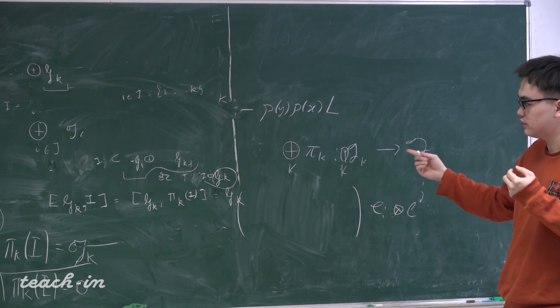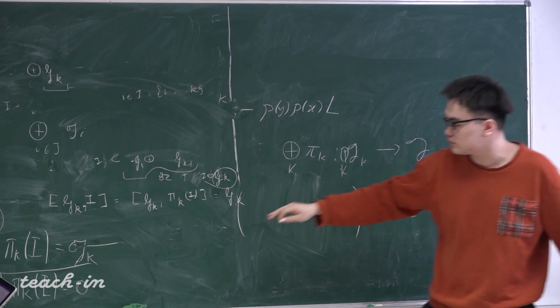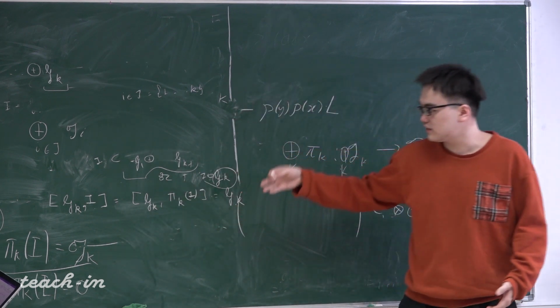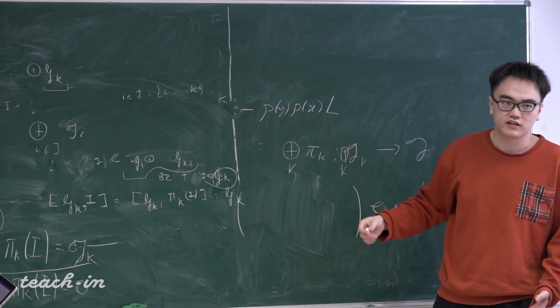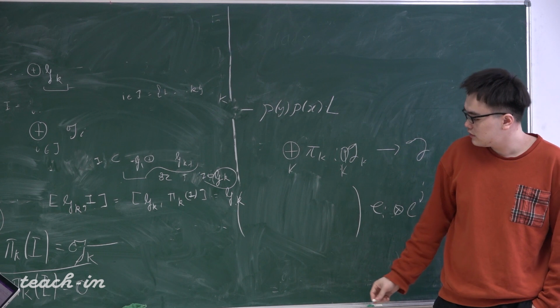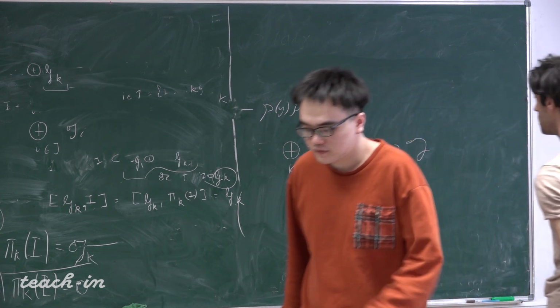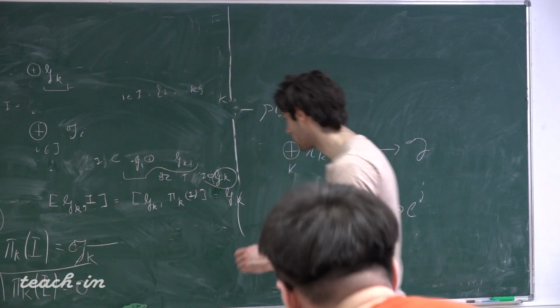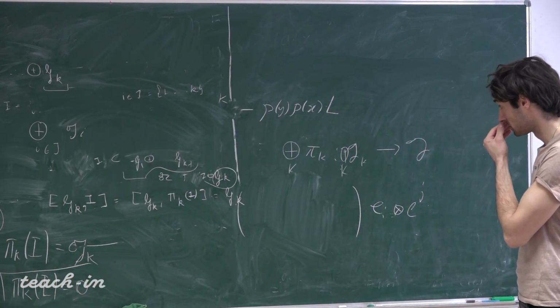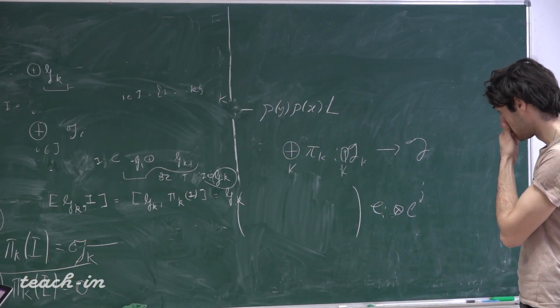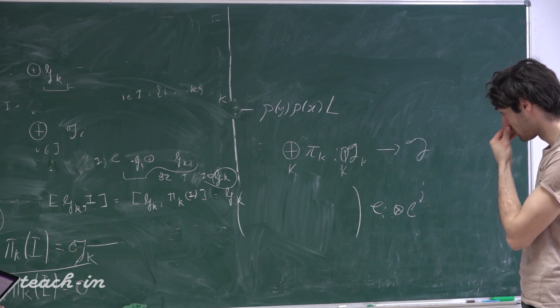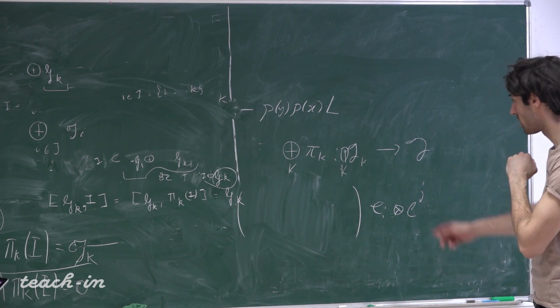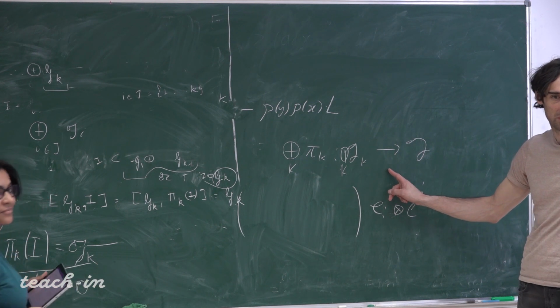It's obvious. So we use this fact and this fact and get the result. So if you use this and this, how to proceed though? I don't know how this actually helps you.